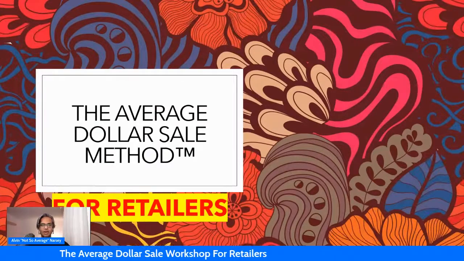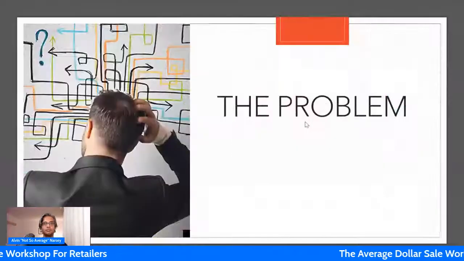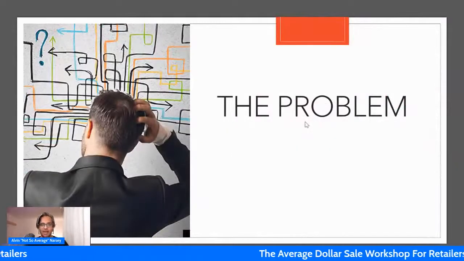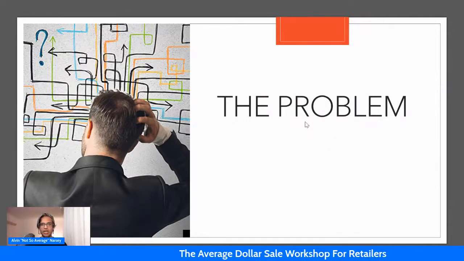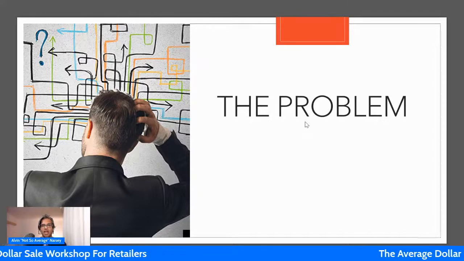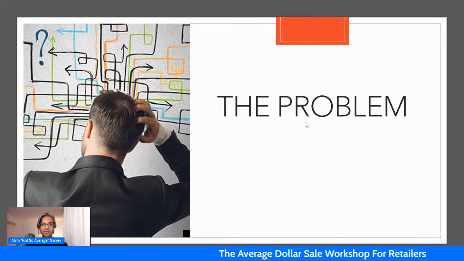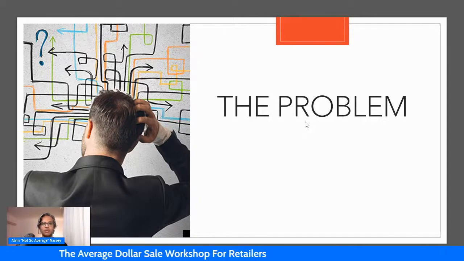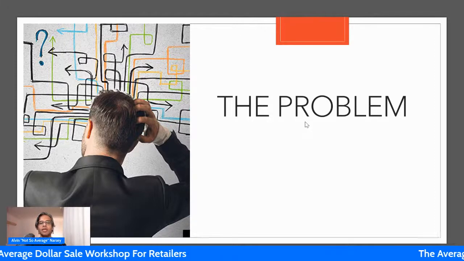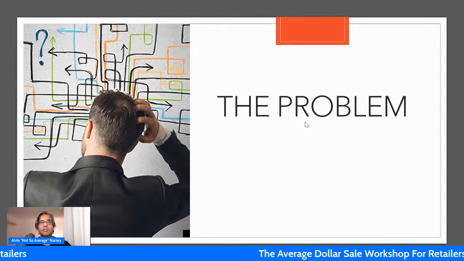Okay, so let me just rock and roll and get started. One of the main problems that we have as retailers is looking at the way that we can improve our profitability and cash flow in our stores. And one of the most overlooked ways of doing this is by looking at some metrics or some strategies that we can employ in store that don't cost us much money, like I was explaining before.